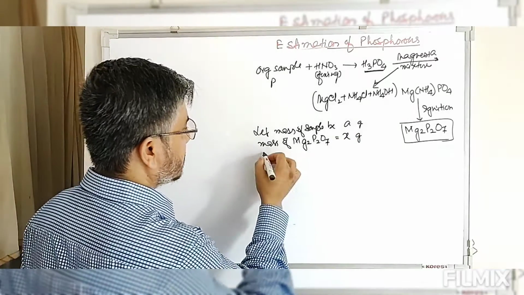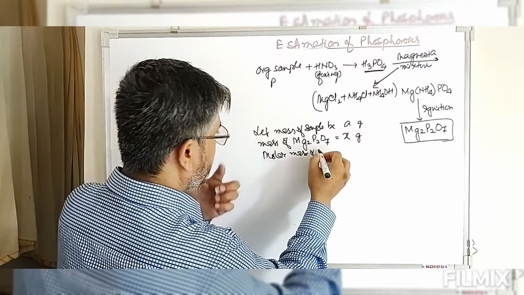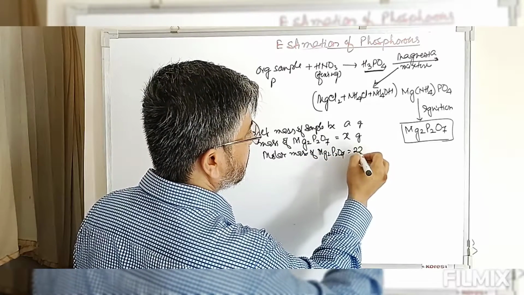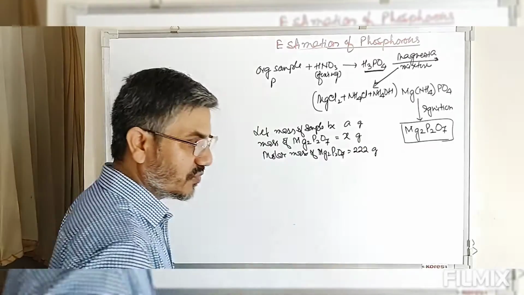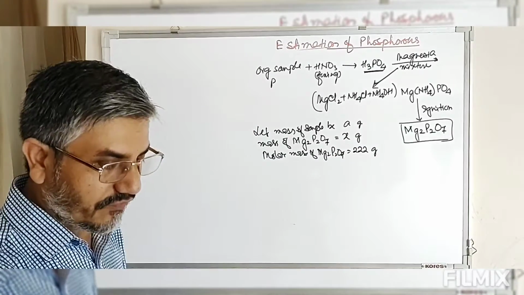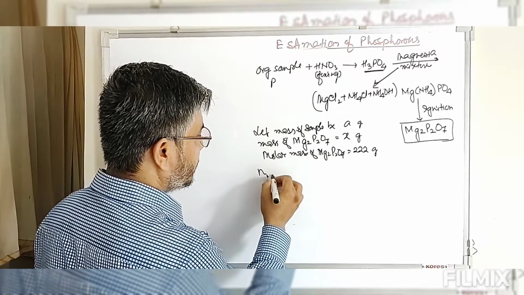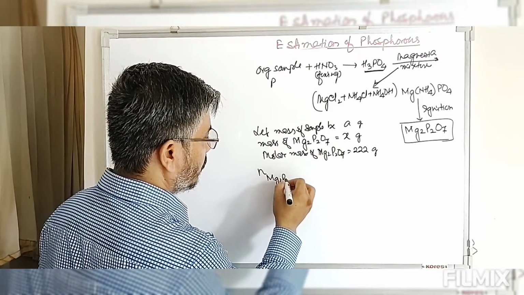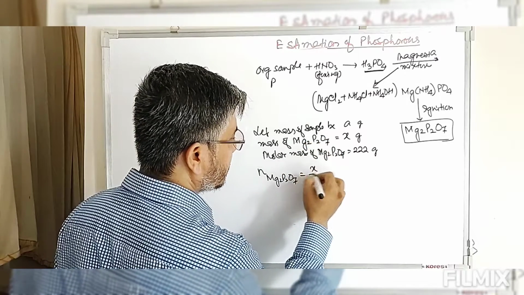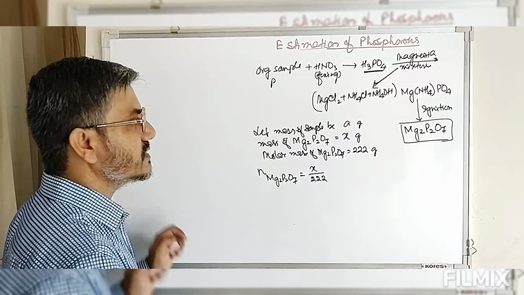The molar mass of this Mg2P2O7 is 222 gram, so you can use this molar mass directly. Now from the mass we determine the number of moles of Mg2P2O7, which is equal to mass divided by molar mass. So this is X divided by 222.